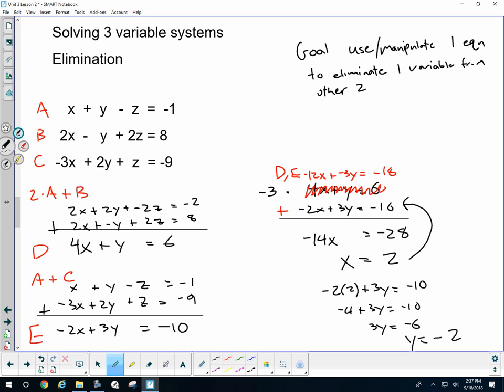And once I have x and y, I can find z using one of my original equations. Doesn't matter which one you use. I get x is 2, y is -2, z is 1.